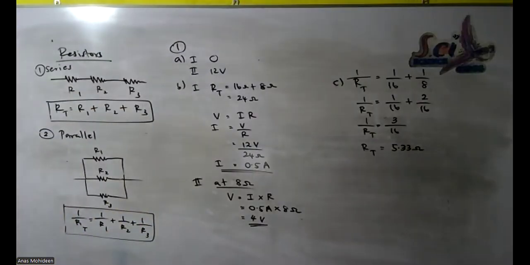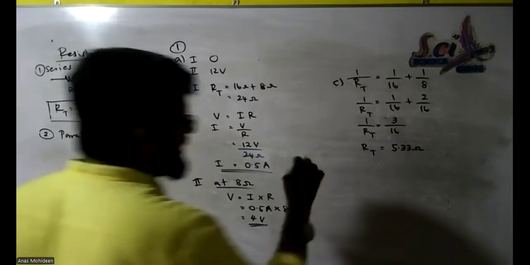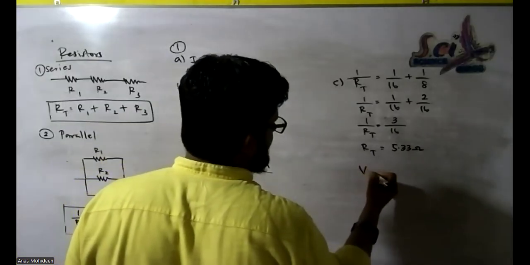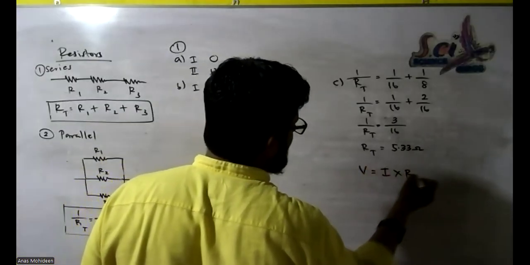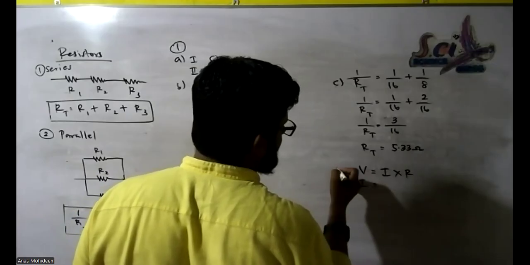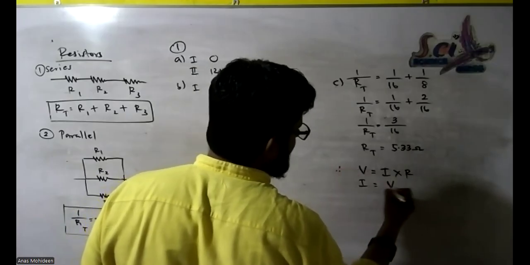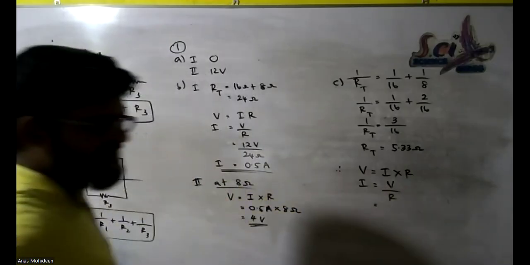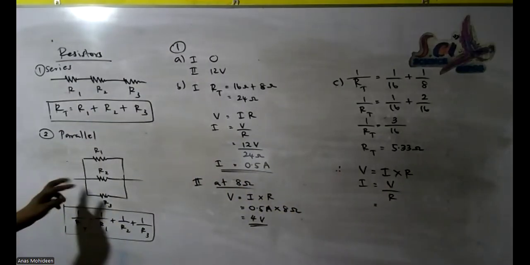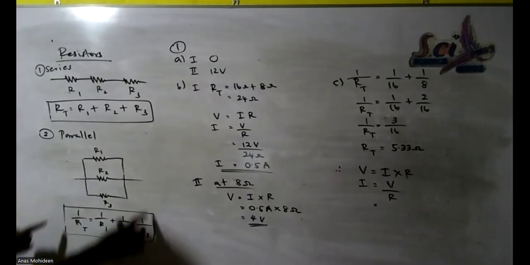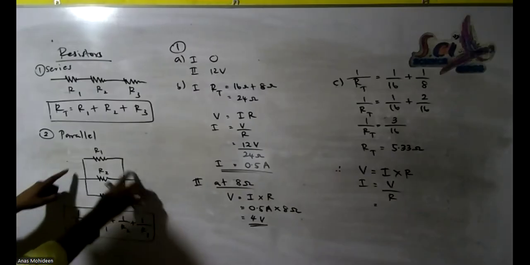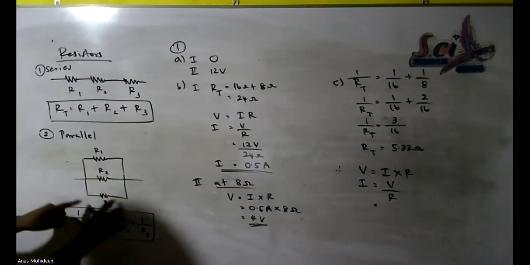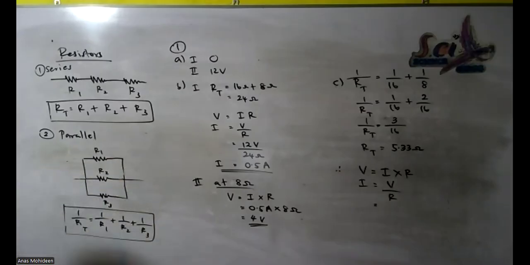Now what do you want to find out? You want to find out the ammeter reading. V equals I into R. So I equals V over R. Voltage is not changed, right? If you are giving 12 volt, the same voltage is given throughout. For all the resistors you are connecting in parallel, they will have the same voltage.